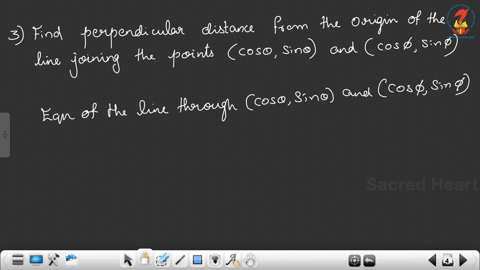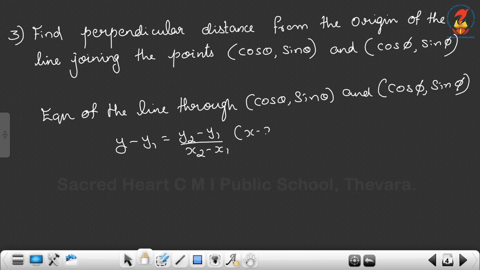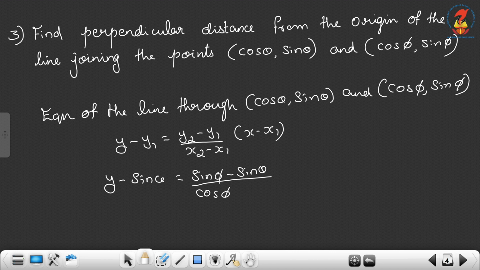So how we write the equation of the line? 2-point form is y minus y1 is equal to y2 minus y1 by x2 minus x1 into x minus x1. So y minus y1 is sin theta. Sin theta is equal to y2 minus y1, sin phi minus sin theta by cos phi minus cos theta into x minus cos theta.